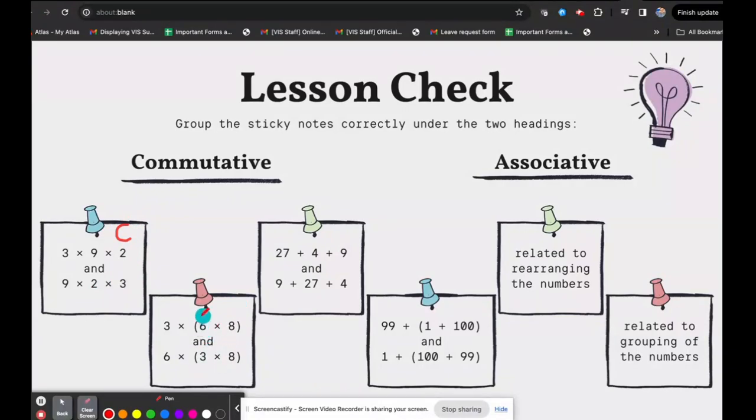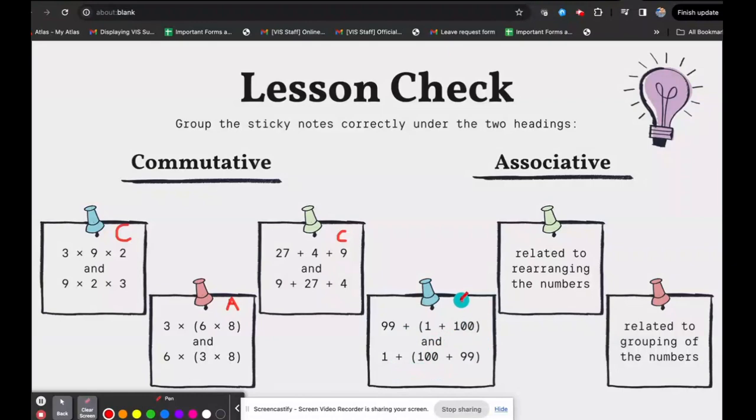Now, in this case, you can see the groupings are there. So 3 times bracket 6 times 8 and 6 times bracket 3 times 8. It means that they have grouped the numbers. This property is called associative property. There is no grouping here, it's addition also. It is called commutative property. In this case, grouping here, brackets, you can see 99 plus bracket 1 plus 100 or 1 plus bracket 100 plus 99.